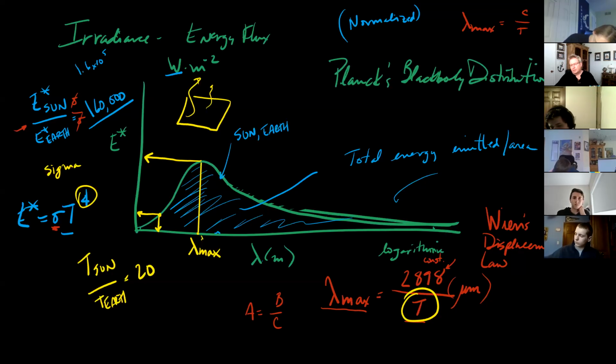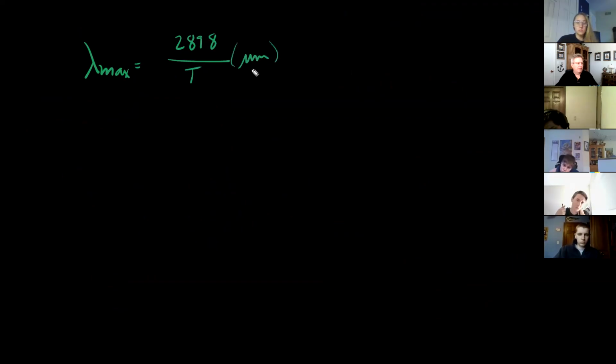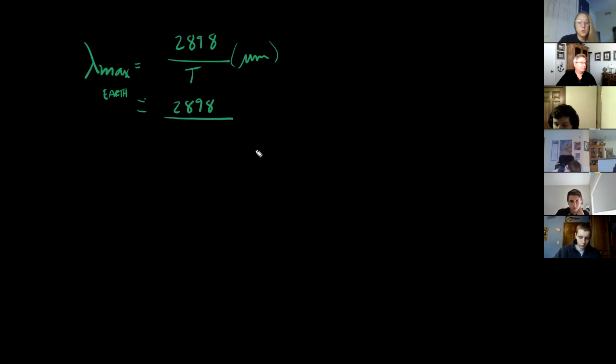Okay, so let's do this for a second. I'm going to rewrite this. I'm not worried about the unit because I know the unit's in micrometers. So what is the temperature of the Earth? 2898 over what is the Kelvin temperature of the Earth? 288.